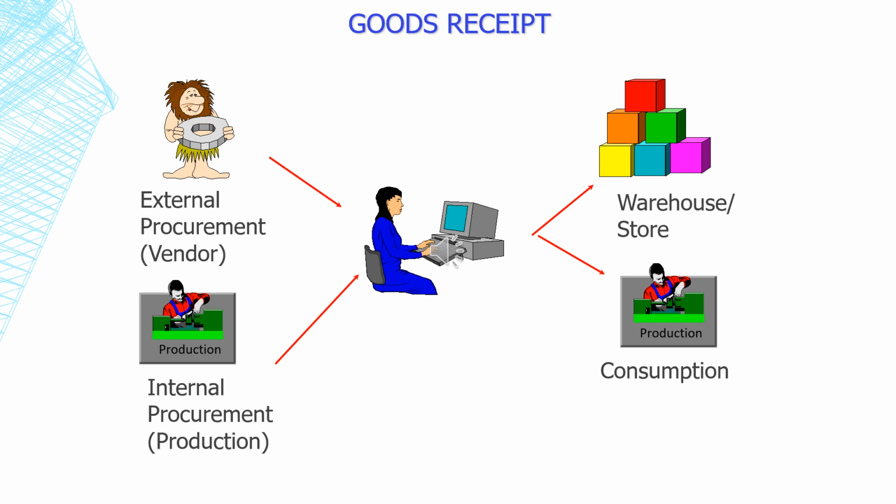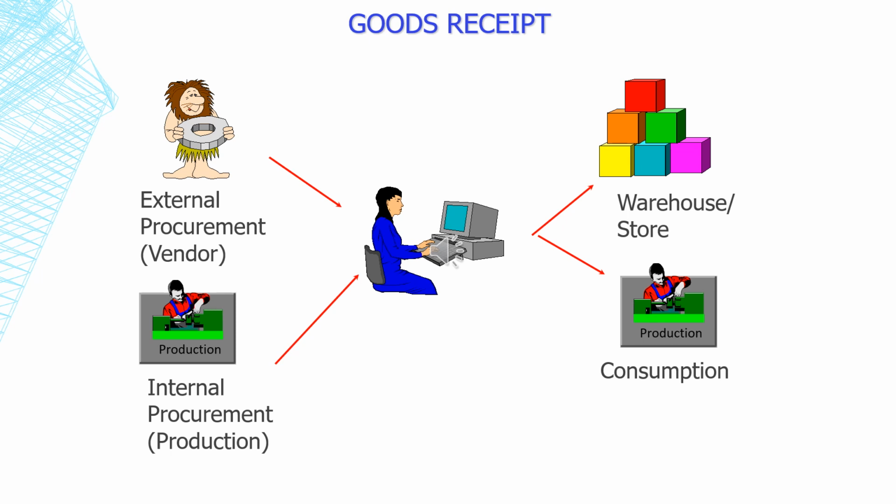All kinds of goods receipts are entered manually by the clerk who basically receives those goods, either procured from the vendor or internally produced from your manufacturing unit, to create a goods receipt entry.